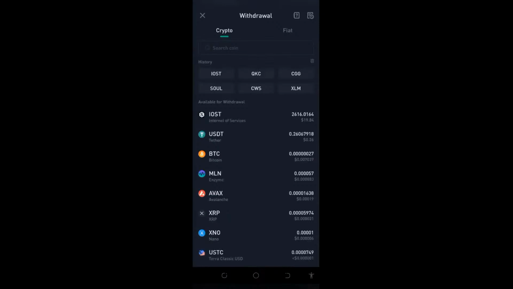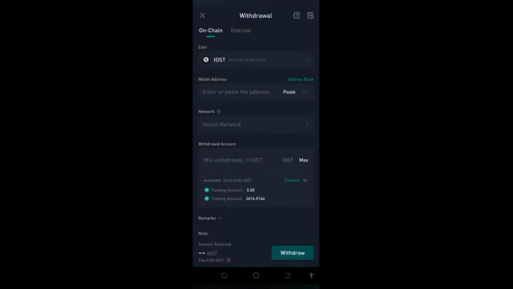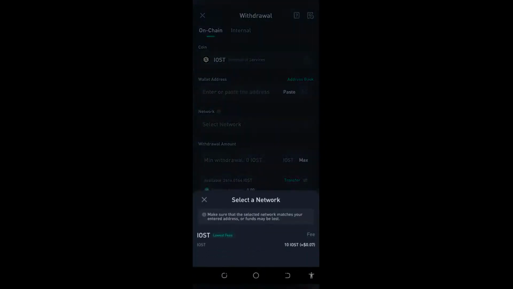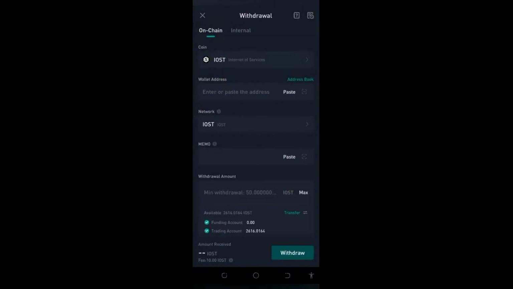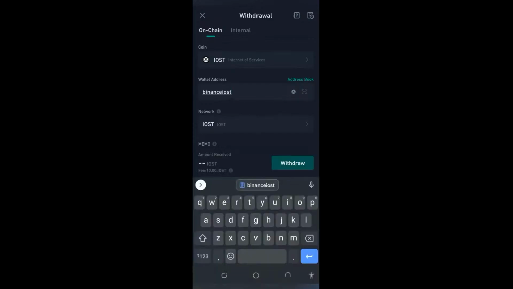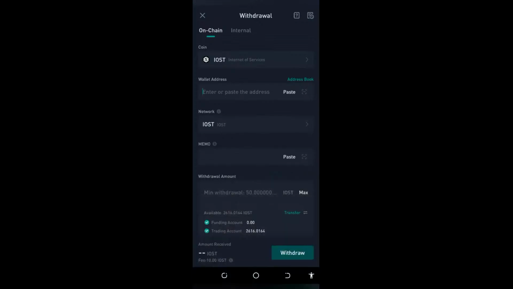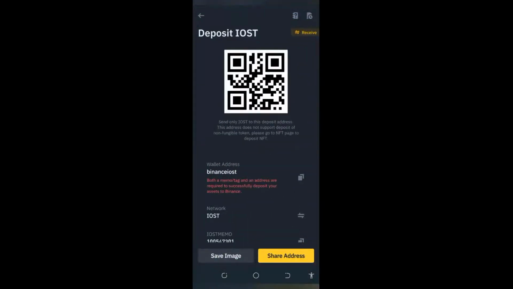So we're withdrawing that quickly. And the network is IOST. Yes, IOST. Correct. Where's the address? Okay, so I was looking for the address. That's it. Sorry, I think I copied the wrong thing. Let's go back and copy the right thing.